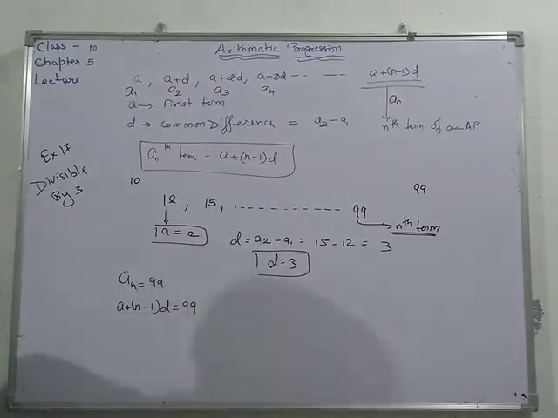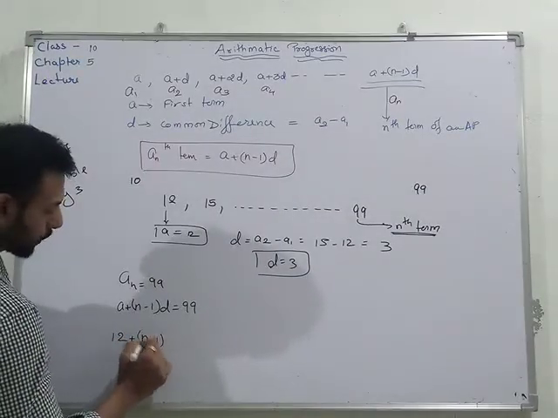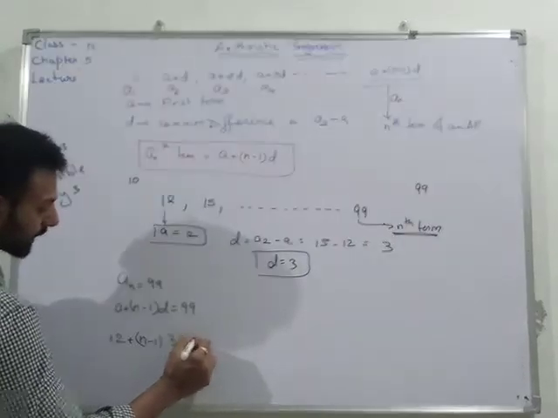Substituting the values of a and d, 12 plus n minus 1 into 3 is equal to 99.